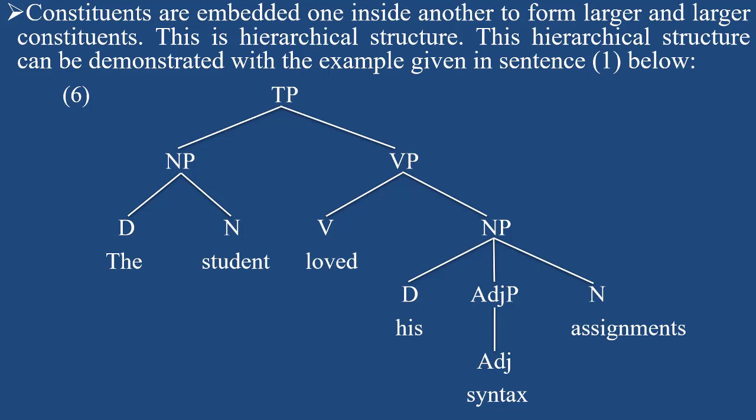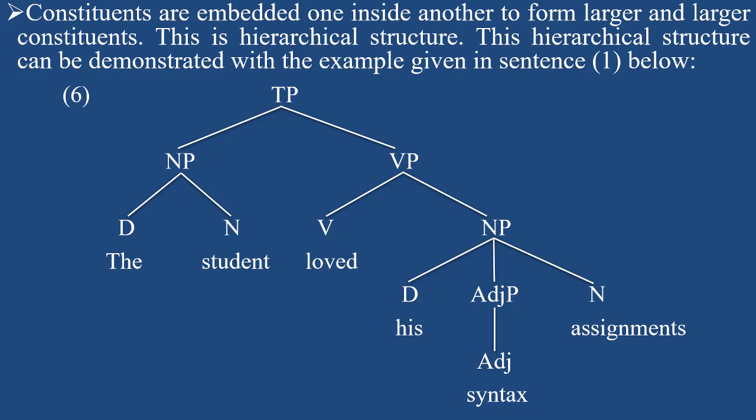So loved his syntax assignment, all of it, is a larger constituent. You see, we have a larger constituent, which is loved his syntax assignment. This is a VP, a constituent that forms a verb phrase. And in this verb phrase, we have a verb, and then we have another constituent, which is his syntax assignment. And then that's it, etc.